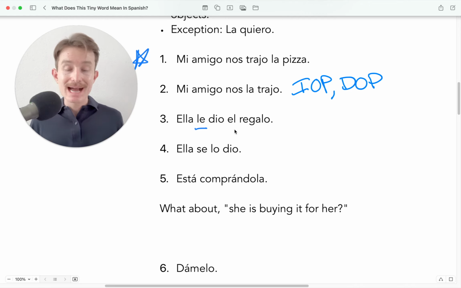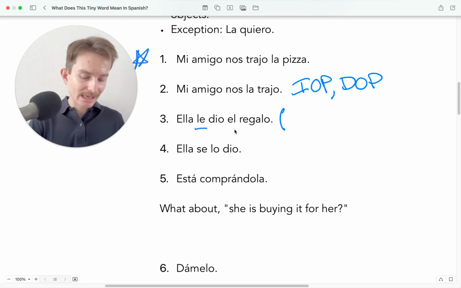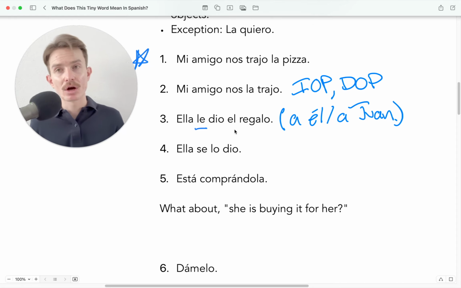Something that we'll occasionally do in Spanish is attach some extra context to our sentences. So I could say, ella le dio el regalo, or I could say, ella le dio el regalo a él, or something like a Juan, for example, for even more context. So she gave him the gift.